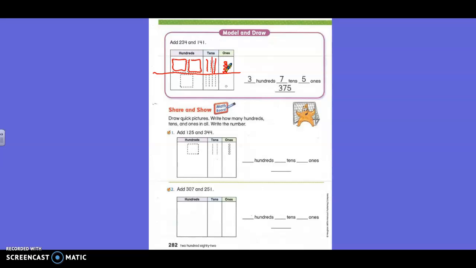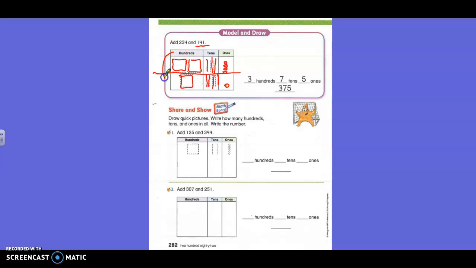And then below that, for the 141, they did a 1 100, 4 10s, and 1 1. So that's 141. Okay? So then you just count them all together.